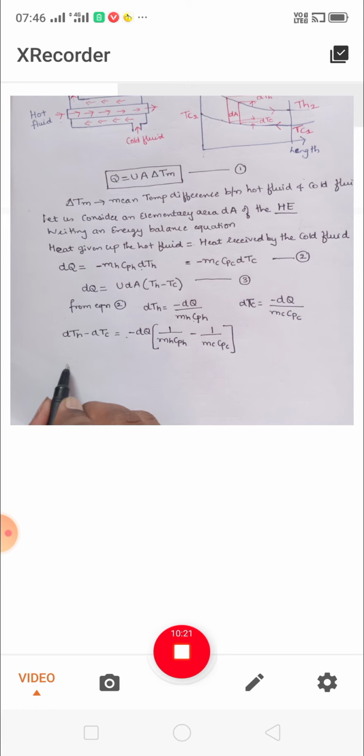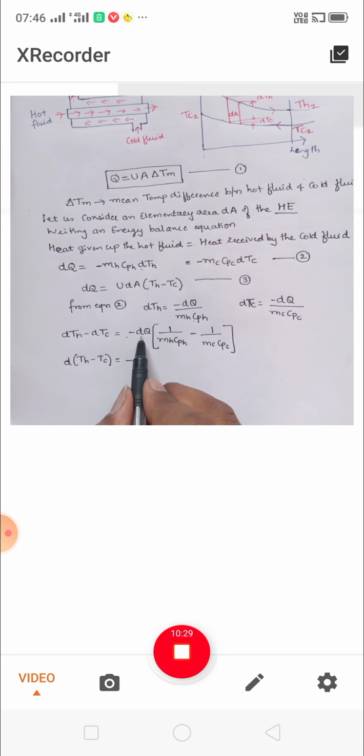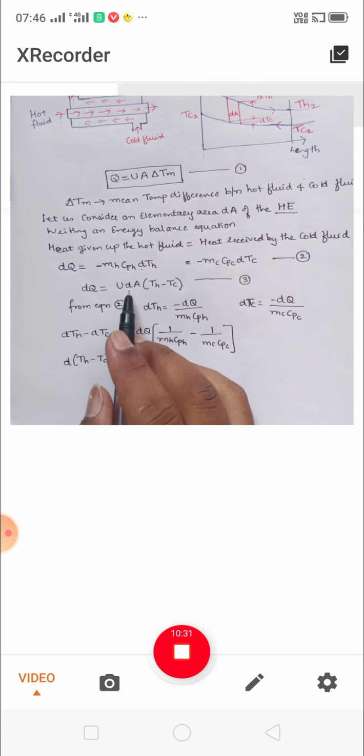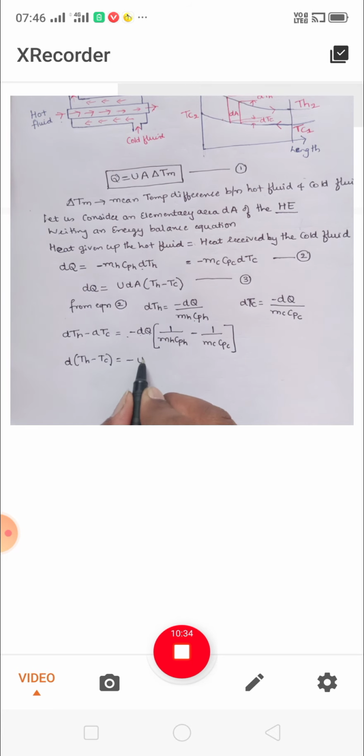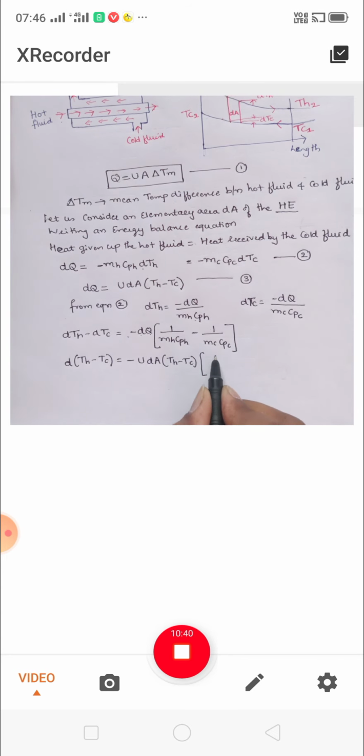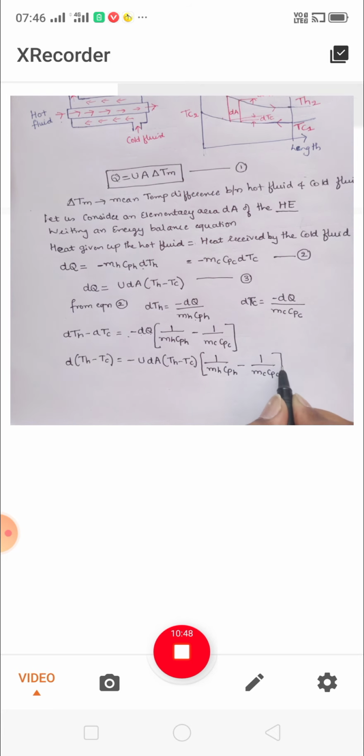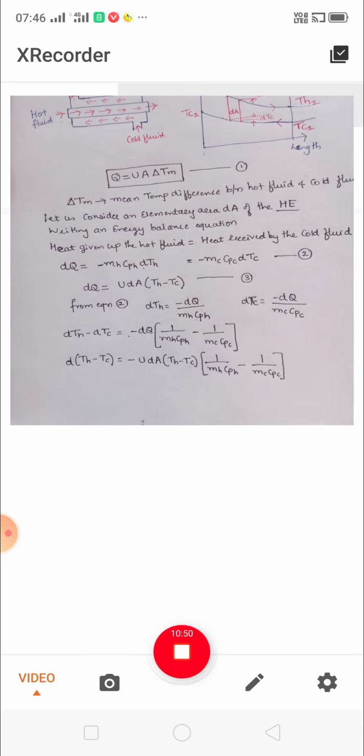So now this equation I will write in this form, d of (Th minus Tc), minus sign as it is. So I will substitute the value of dq from this equation, where dq is given by U into dA (Th minus Tc). This will be equal to minus 1 divided by mh into cph minus 1 divided by mc into cpc, as it is.